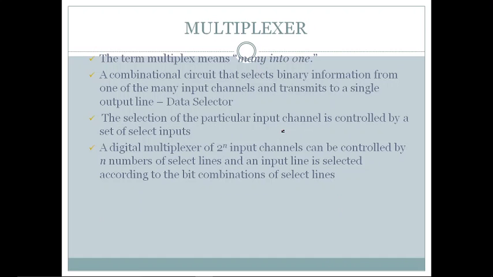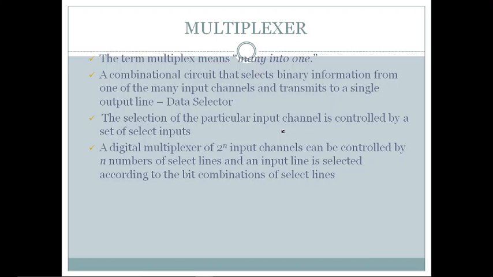So this explains what a multiplexer is, and defines a multiplexer, which also has one more name, data selector, as it is selecting the information, particularly the digital or binary information present on one of the many input channels, and transmits it to a single output line.